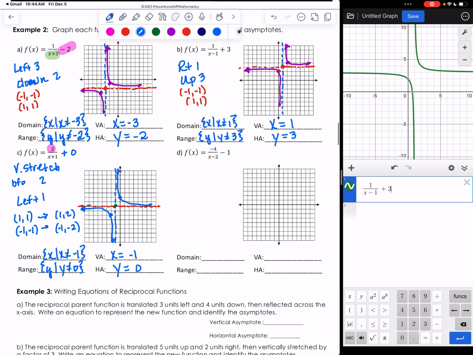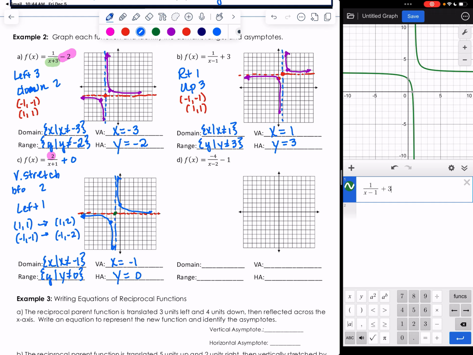All right, problem D. We've got a lot going on in problem D. Let's start with that negative 4 in the numerator. That means there's going to be a reflection across the x-axis.